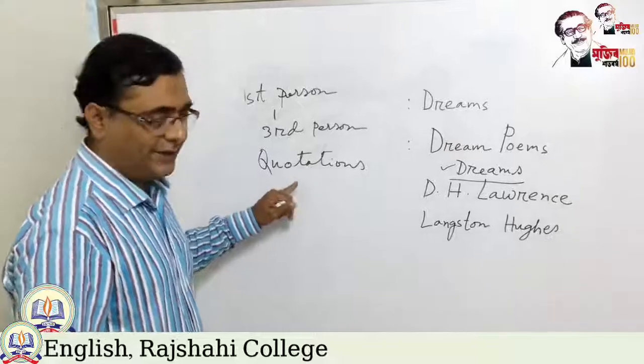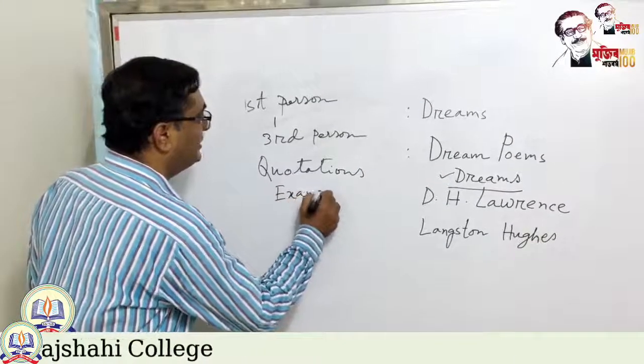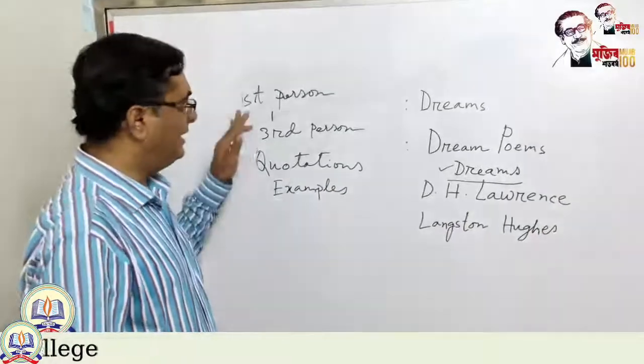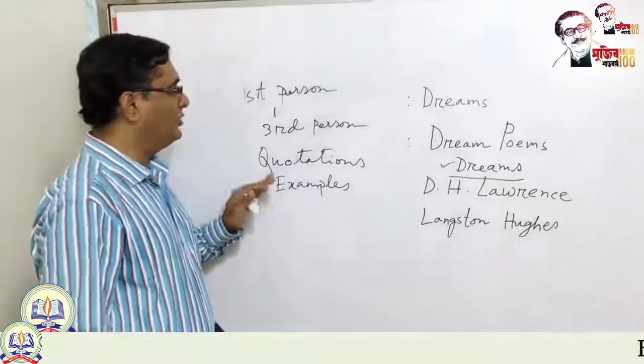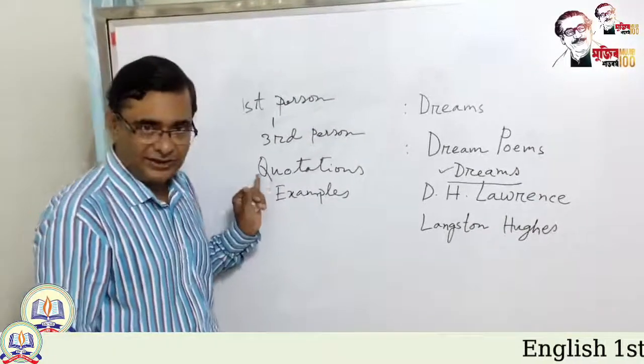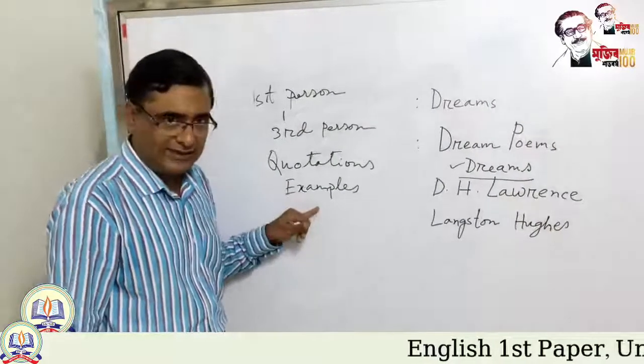So this is also very important. And you have to avoid examples. Don't use the examples that you get in the text or in the passage. So you have to avoid quotations or direct speech in summary writing. You also have to avoid examples in summary writing.